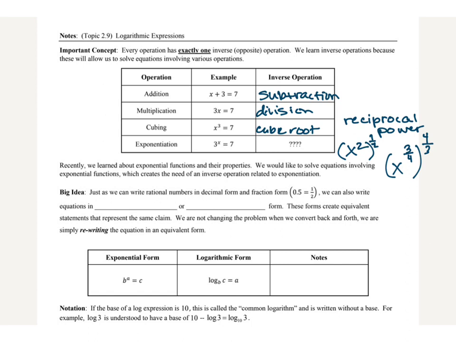He and his class are kind of pulling their hair out right now, because on the ones like 3 to the x is equal to 7, to solve for x they're having to go to their graph. They're plotting y equals 7 and y equals 3 to the x, and finding that intersection, which we did. We did a lot of that, right?